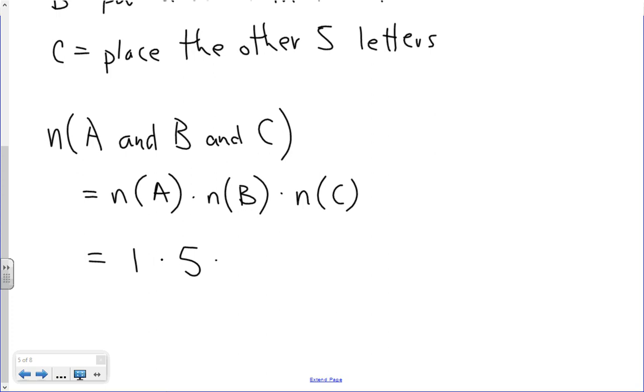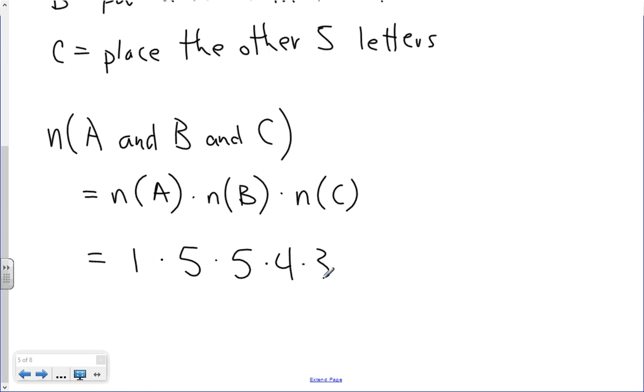So for the last 5 letters, I have to start out with one letter and pick a letter to plug in there. Let's assume that this is the first spot in our word. If I go to plug in that first letter in my word, there's 5 letters that are left to pick from. There's 4 vowels and the letter S still to pick from. But now for the next letter that I'm going to fill in, the second spot, there's only 4 choices for it.